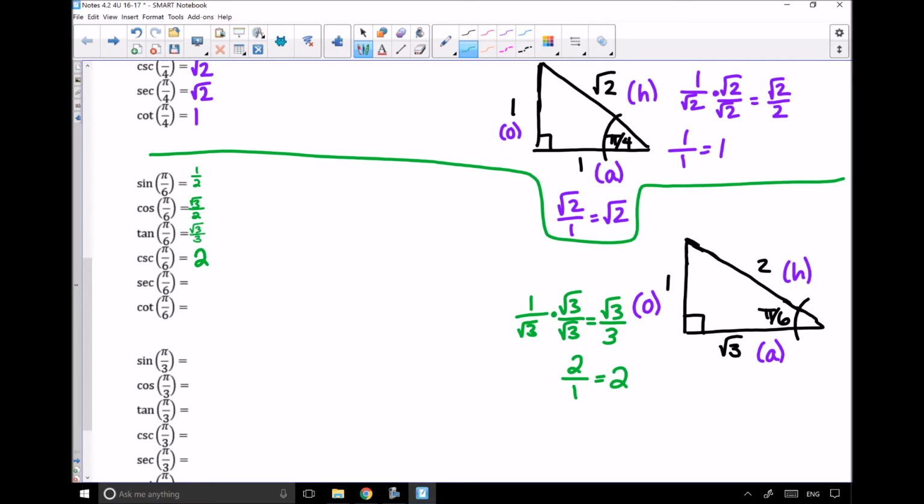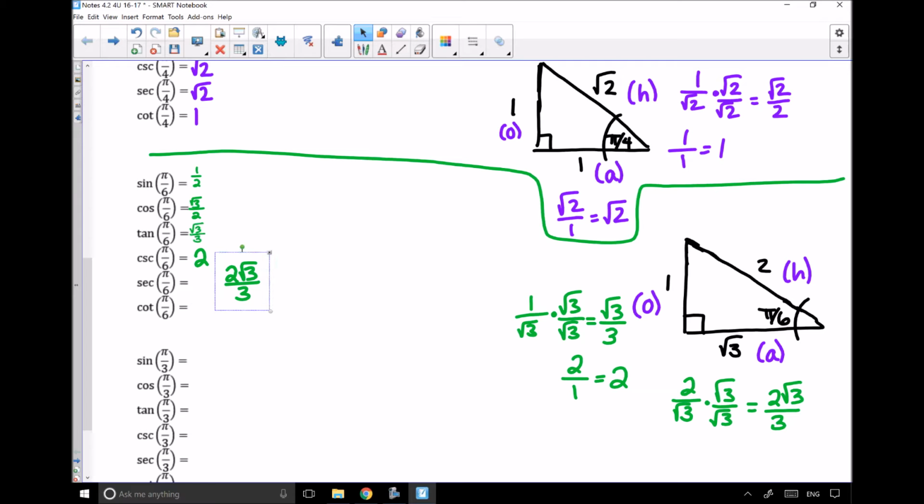Well, secant is the inverse of cosine, and if cosine is adjacent over hypotenuse, then secant is hypotenuse over adjacent. So I'm going to do 2 over root 3. Not allowed to have a root in the denominator, so I'm going to multiply by root 3 over root 3. My numerator becomes 2 root 3. Root 3 times root 3 is just 3. So I get 2 root 3 over 3. So that's my answer here, 2 root 3 over 3. So that's the secant of pi over 6.